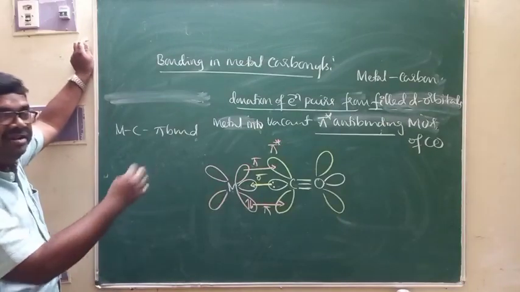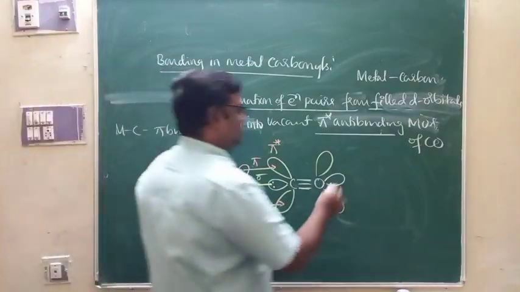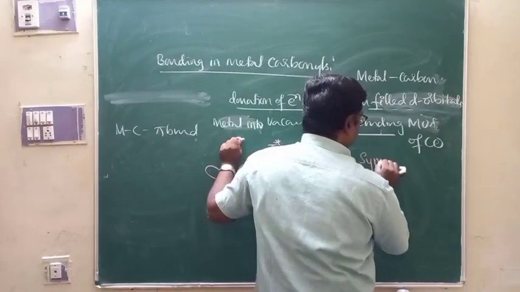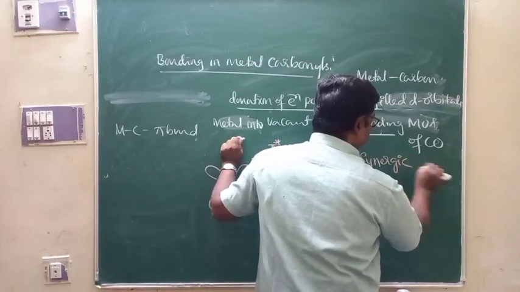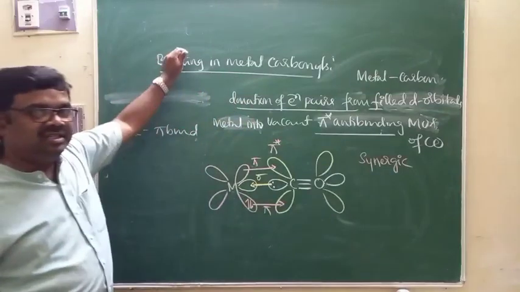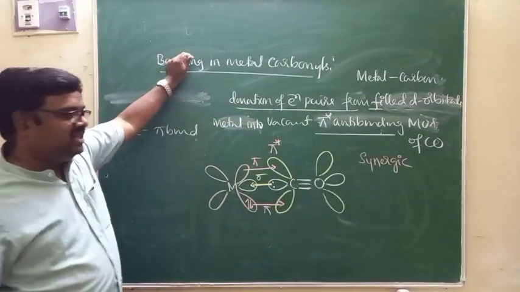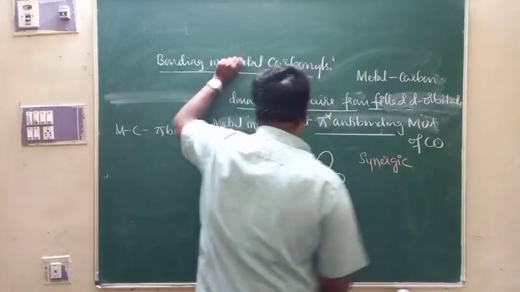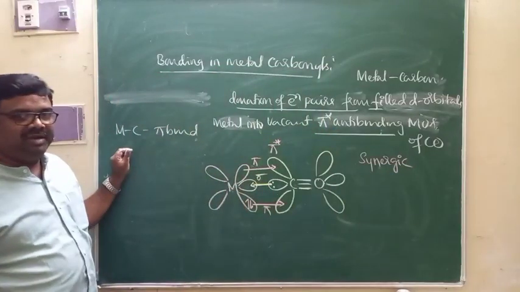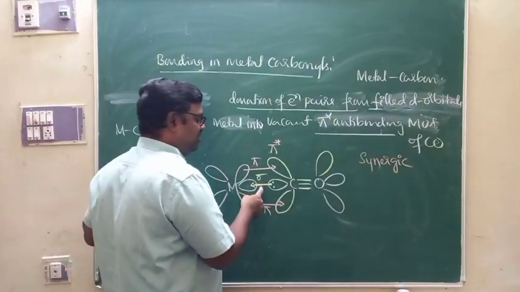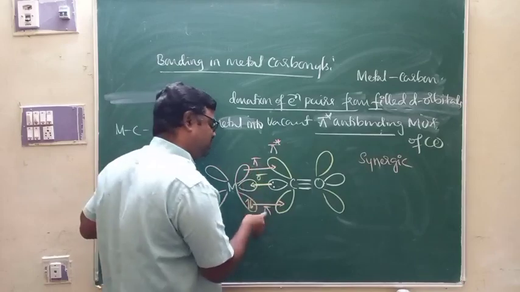This is what we call back donation, and that results in one effect, what we call the synergic effect. As far as the synergic effect is concerned, in the case of metal carbonyls, sigma bonding is weak, and pi bond is also weak.